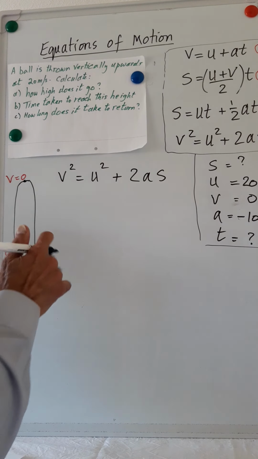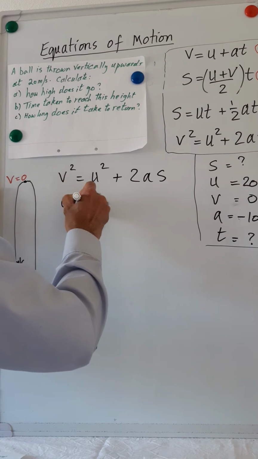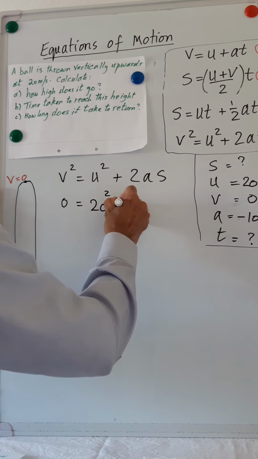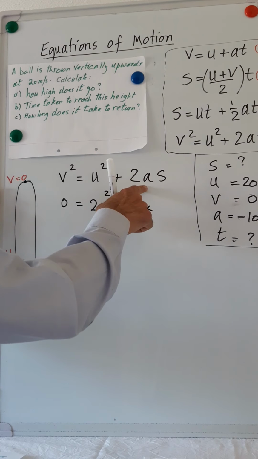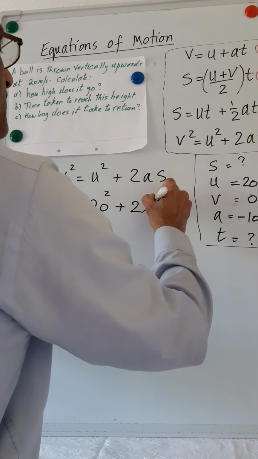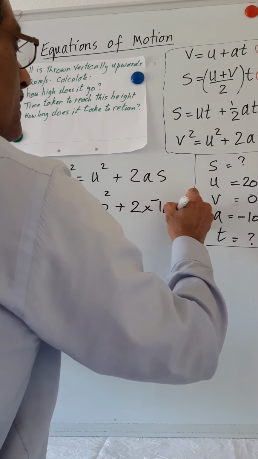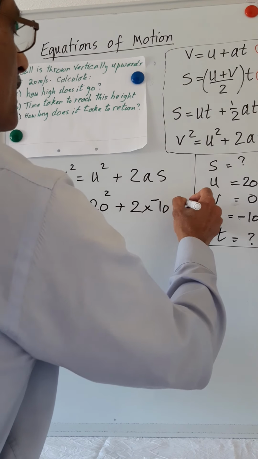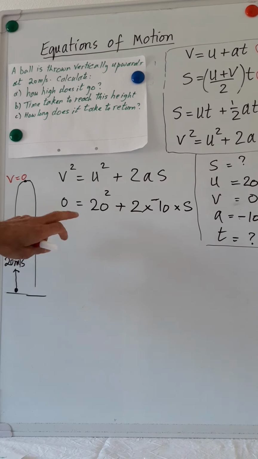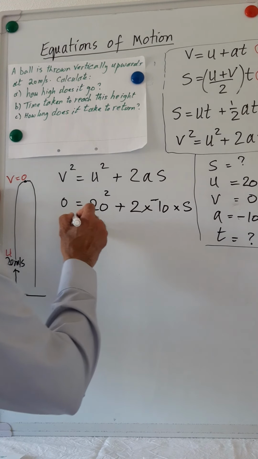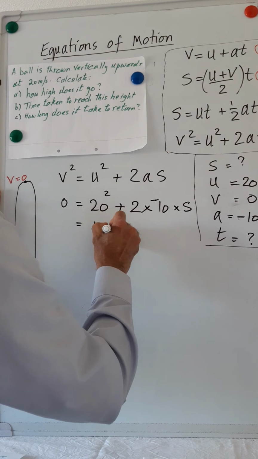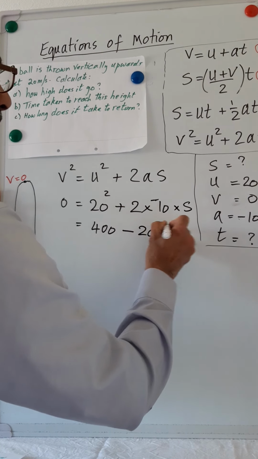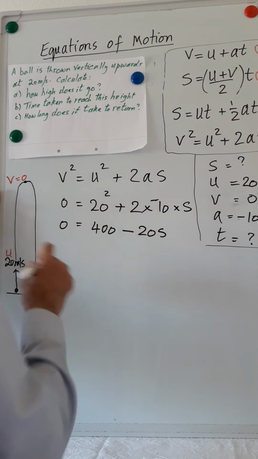Now, the final velocity is 0. The initial velocity is 20, which means 20 squared plus 2 times the acceleration due to gravity, which is negative 10, times s. Now, 20 squared is 400. 2 times minus 10 is minus 20, s equals 0.